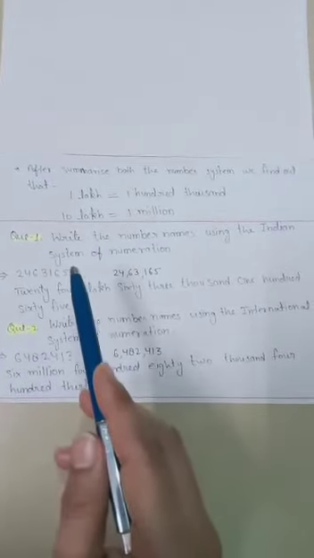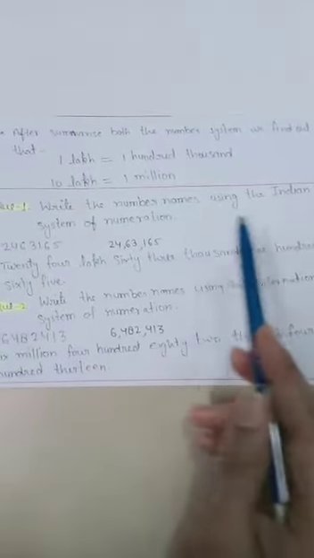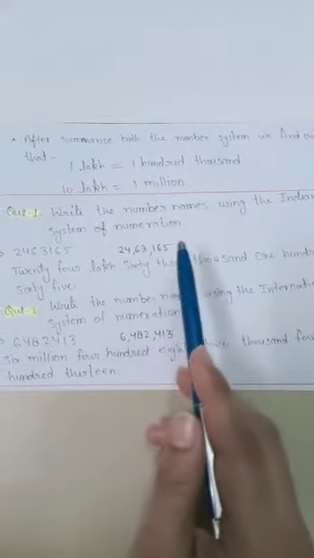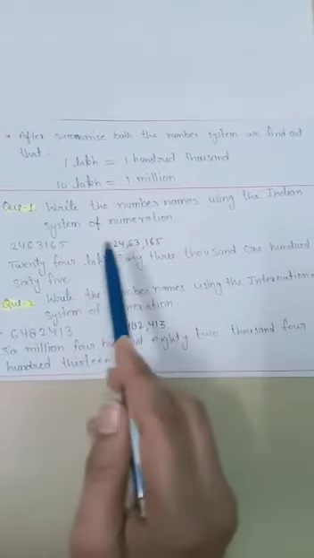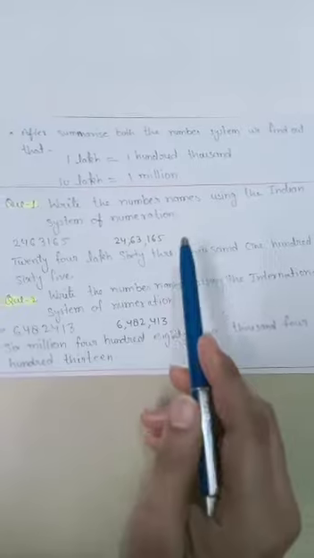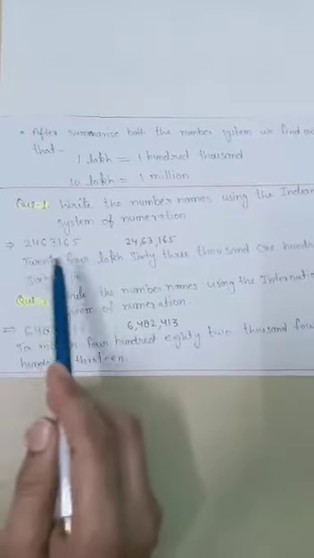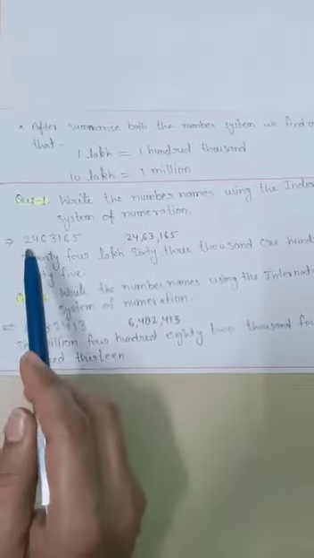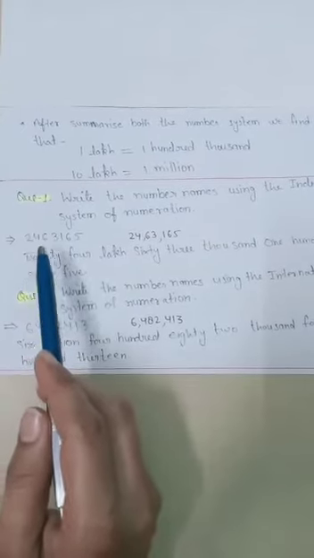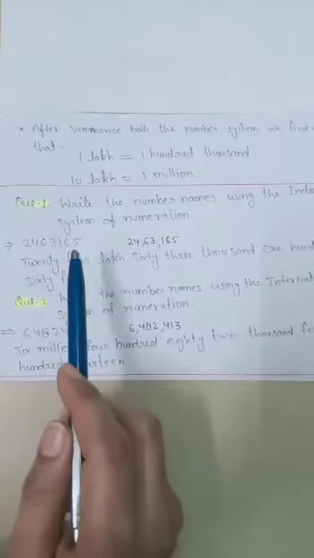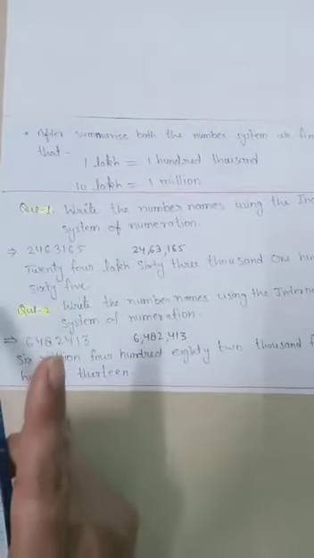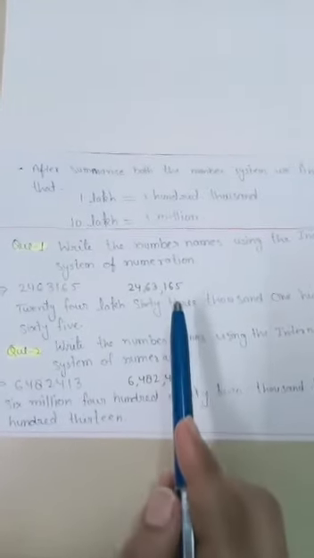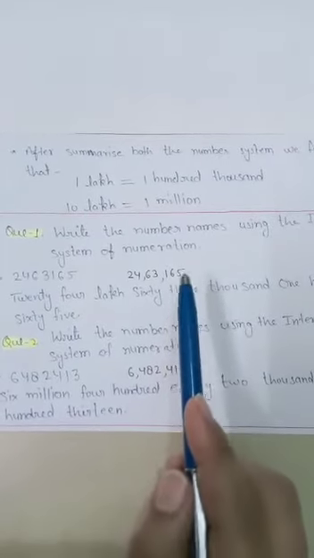Now I am giving some exercises or examples for your convenience to understand. Look here, what is our question number 1? Write the number names using the Indian system of numeration. If a simple number is given to us, 2, 4, 6, 3, 1, 6, 5, first we have to put the commas according to the Indian number system. What is the rule for putting commas in the Indian number system?